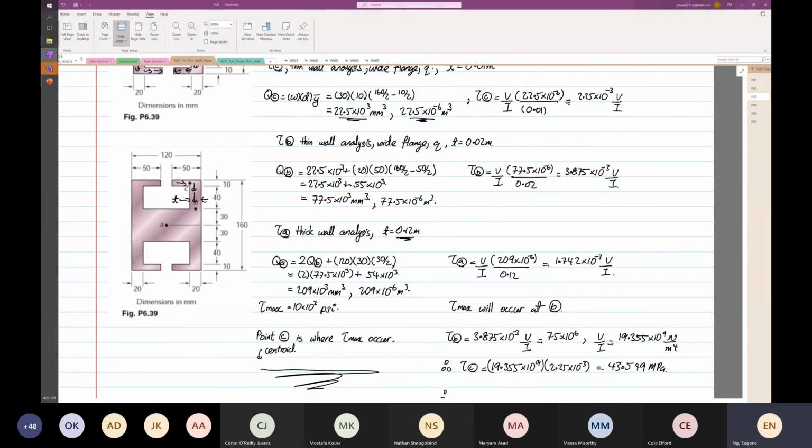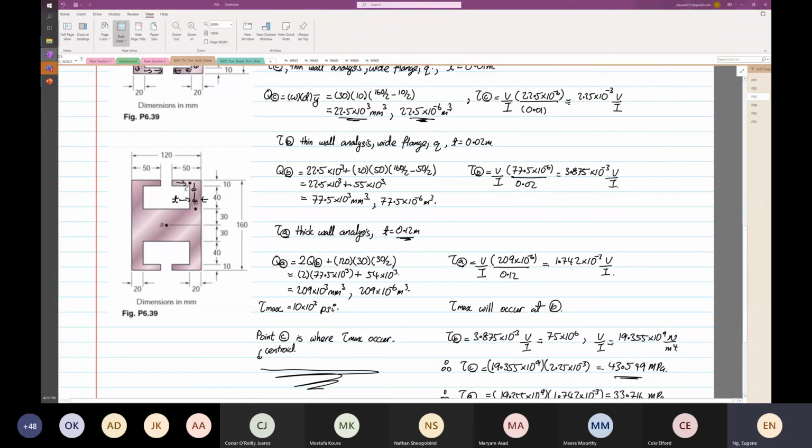And therefore, the shear stress at point A is equal to 19.355 times 10 to the power 9 times 1.742 times 10 to the power minus 3. Sorry, my handwriting looks really bad. So this is equal to 33.716 megapascal.